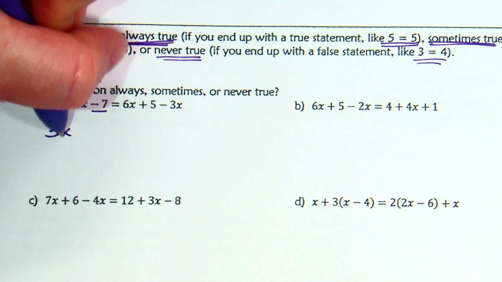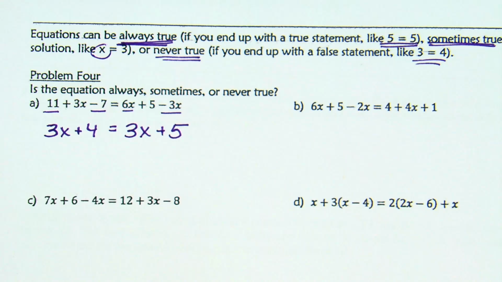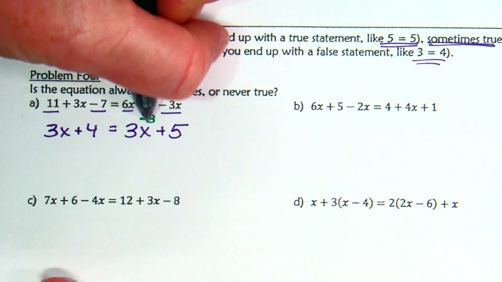If I was trying to solve this, how would I get my x's together? You would subtract 3x. It's a positive 3x. We're going to subtract 3x. Look at what happens here. The 3x's cancel on both sides. Does 4 equal 5? No. So what are we going to say about this one? Is it always, sometimes, or never true? Never. This one is never true.